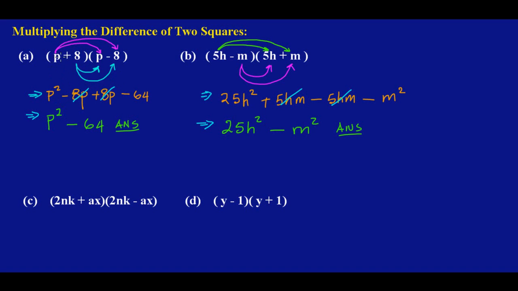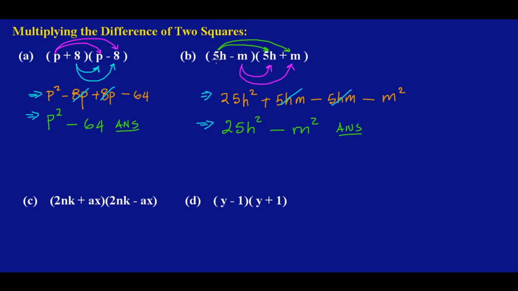If you notice, the first term here, p, in exercise A, is as if I took p and I squared p, and then I used my negative sign and I took 8 and I squared 8, and said 8 times 8 is 64. So by just looking at it by intuition, it's as if I took p and squared p, I said p square minus 64. I squared the second term.